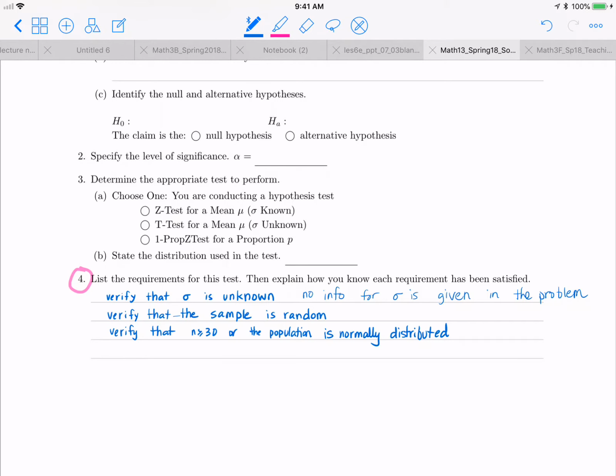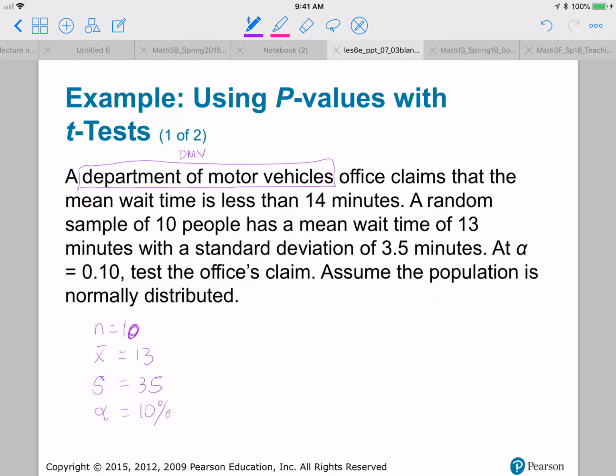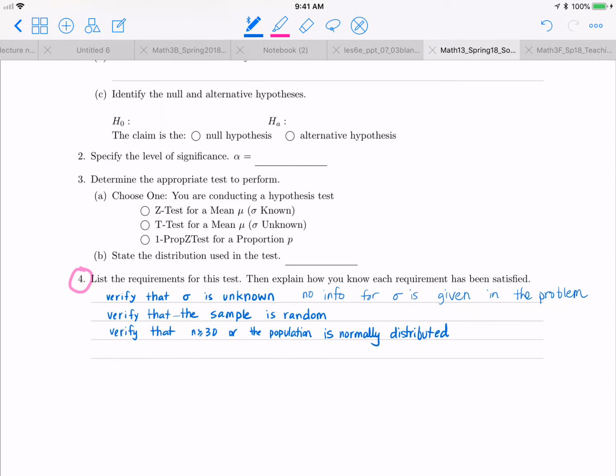Verify that the sample is random. Assume the population, a random sample. So we can just say here, stated in the problem. Okay, verify that n is greater than or equal to 30 or the population is normally distributed.